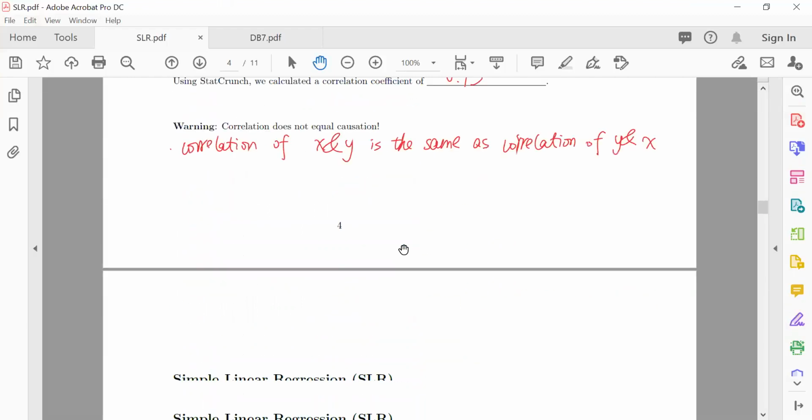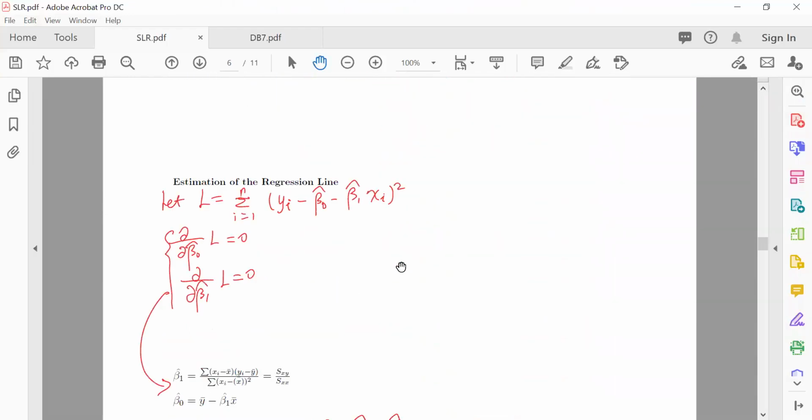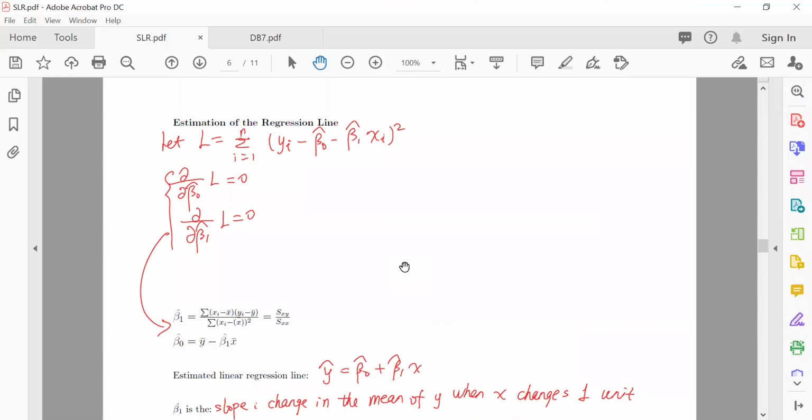So we can actually see that this beta 1 hat has the same sign as the correlation, which is pretty reasonable to understand.